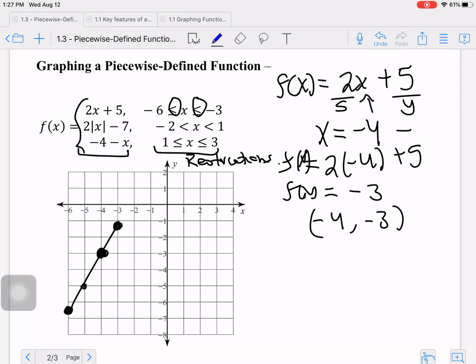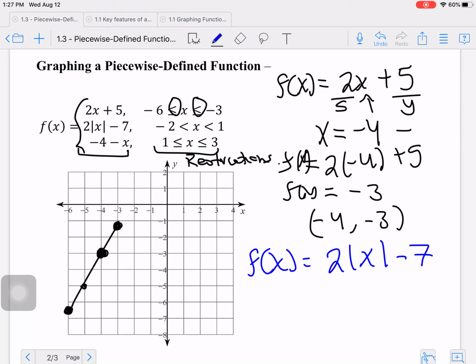So I have f of x equals 2 times the absolute value of x minus 7. All right. If you remember, an absolute value should be a V shape, and it usually follows the h, k form. Now, as you notice, there's no h. Because there's no h value, I'm just going to assume that it's 0.